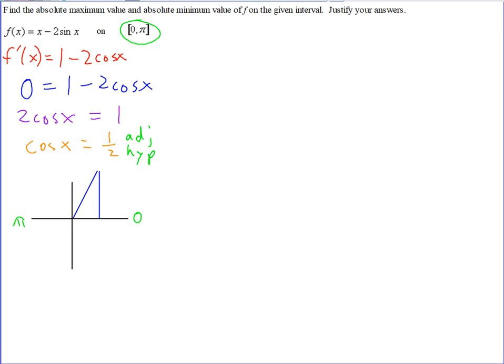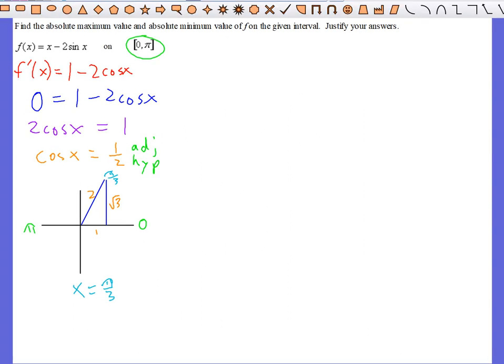Adjacent is 1. Hypotenuse is 2. This side would be root 3. So you can see that angle is pi over 3. That's it. This time we only have one critical number, x equals pi over 3, in the interval.